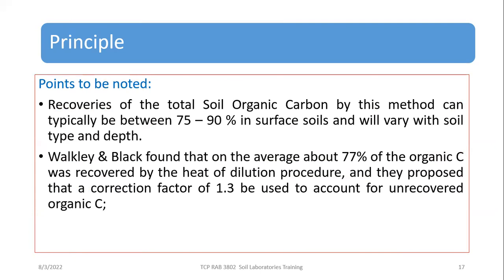But in general, Walkley and Black recognized that an average of 77% of the organic carbon was recovered by the heat and dilution procedure, and proposed that a correction factor of 1.3 be used to account for unrecovered organic carbon. Therefore, when we come to the calculation, you find this number 1.3. So you have to know that 1.3 comes from compensation for unrecovered organic matter.